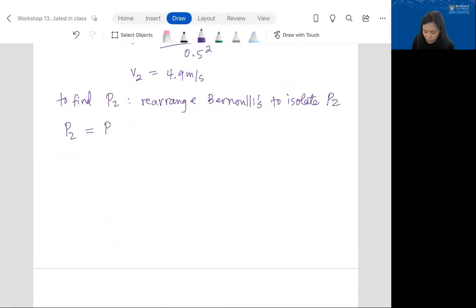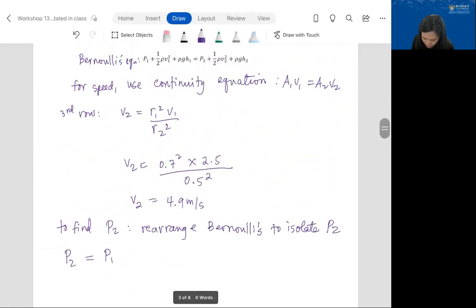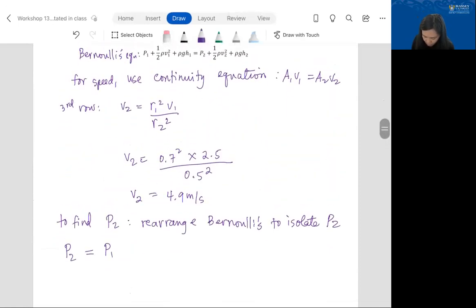P2 is equal to P1 plus 1/2 rho V1 squared plus rho GH1, minus 1/2 rho V2 squared minus rho GH2.